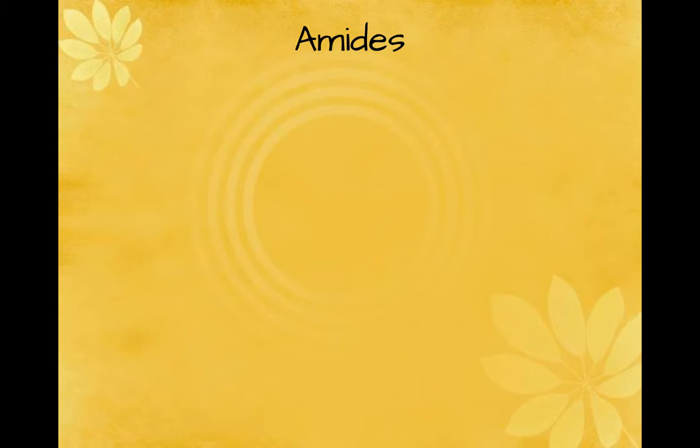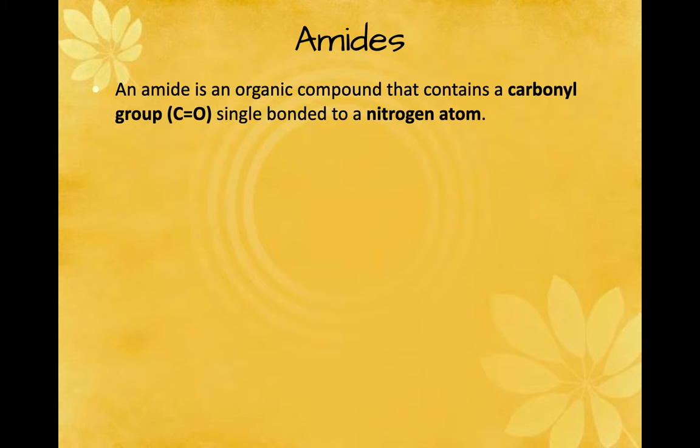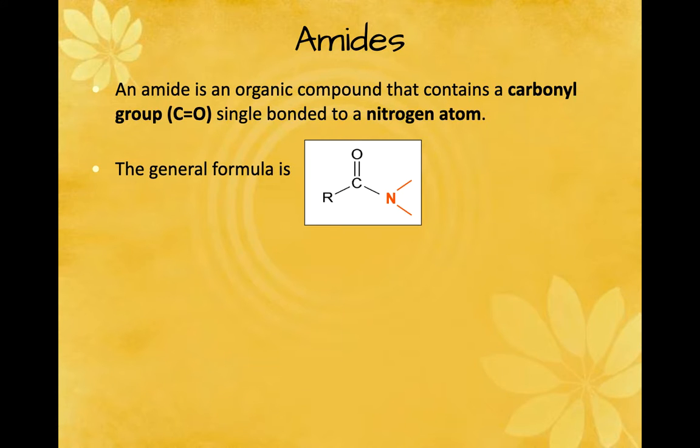So moving on to the amides. An amide is an organic compound that contains a carbonyl group, that's C double bonded to the O, which is then single bonded to a nitrogen atom. So this is the general formula where you've got a hydrocarbon chain, or that R could actually just be a hydrogen in the case of a single carbon amide.